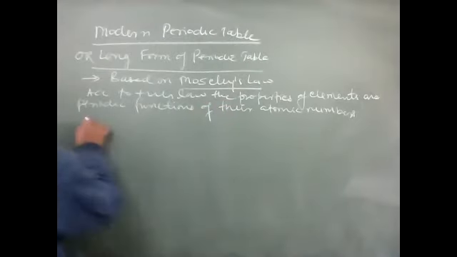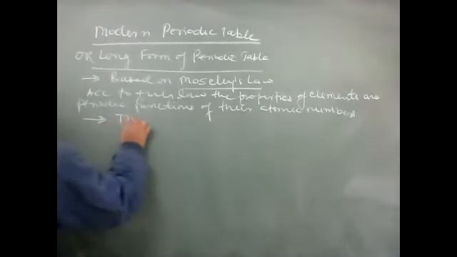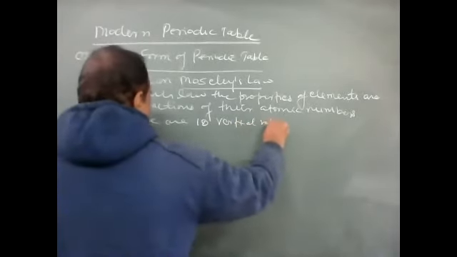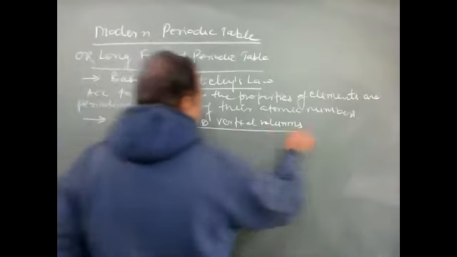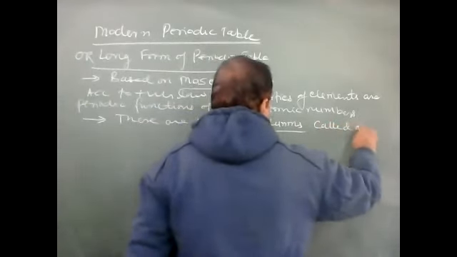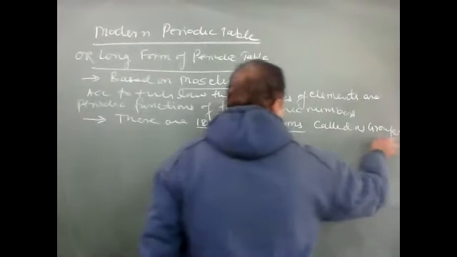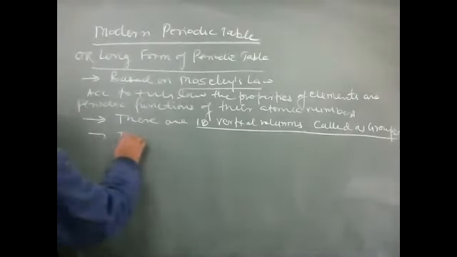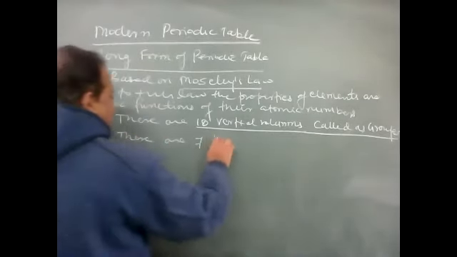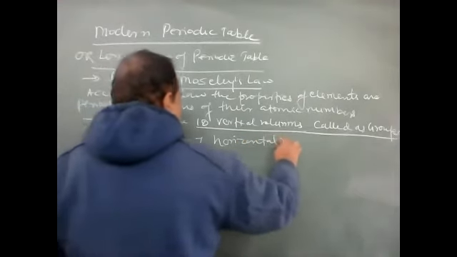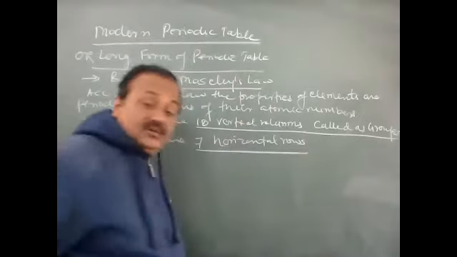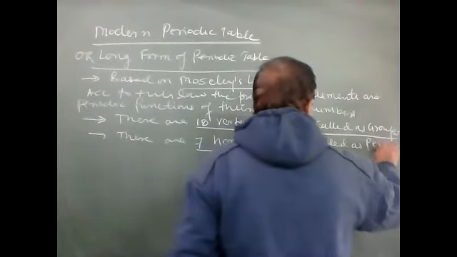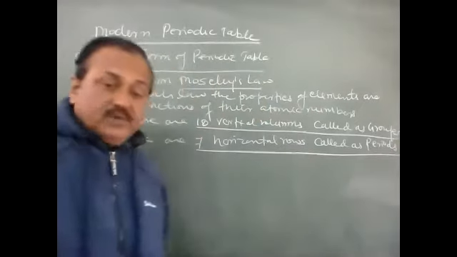Now, this is one point. The other point is there are 18 vertical columns, called groups, and there are 7 horizontal rows, called periods.